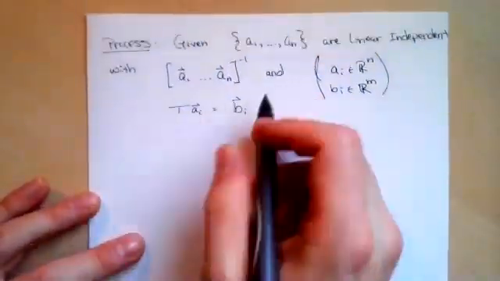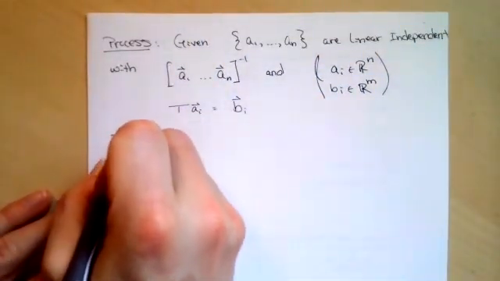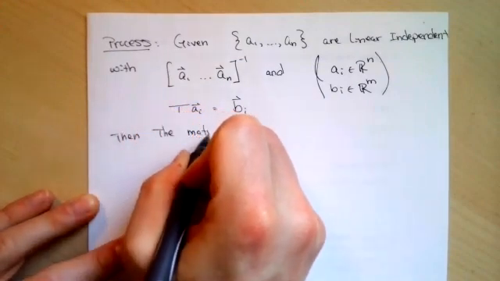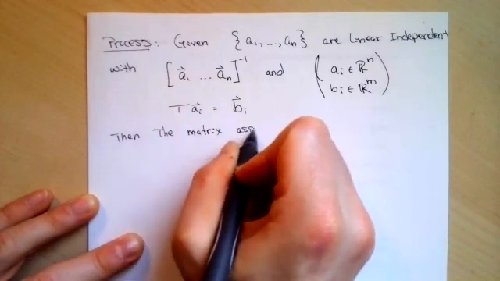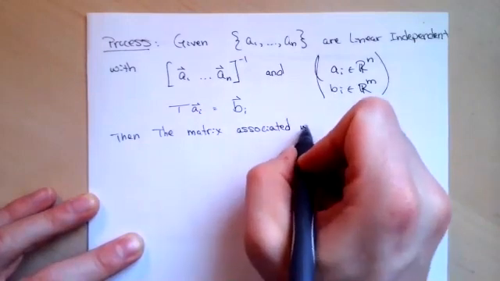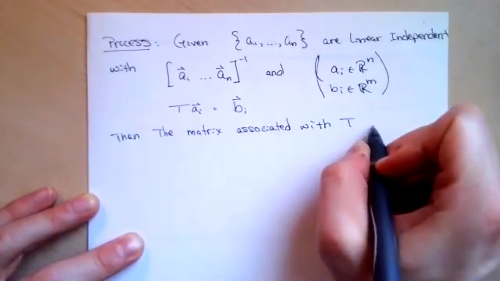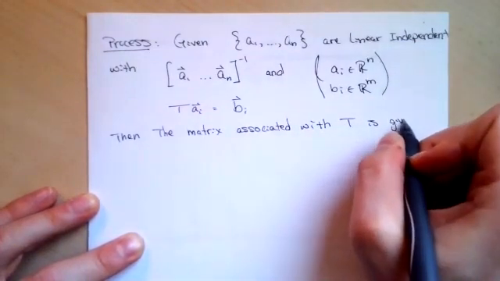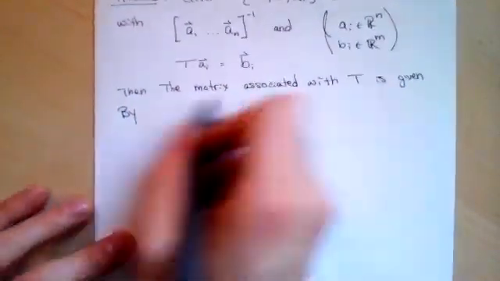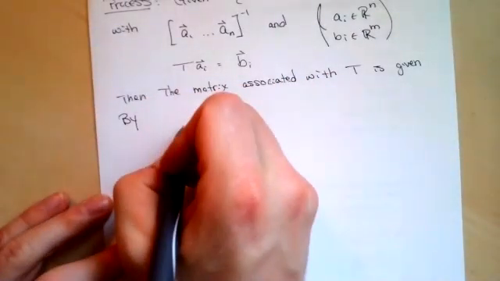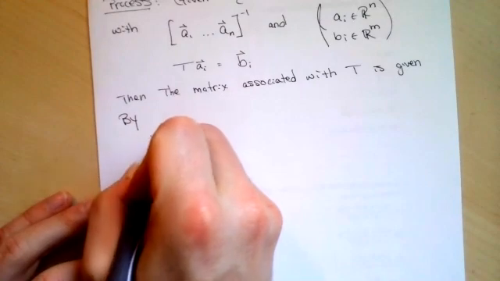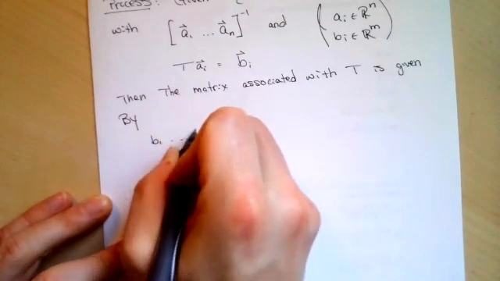Then how we want to find the matrix is going to be given by, let's see, so we want to put all of the B's in a matrix.